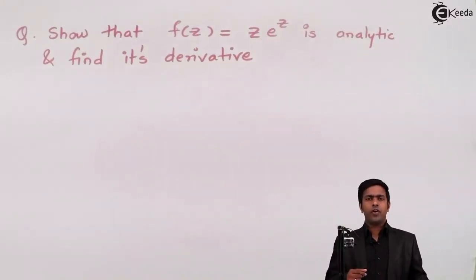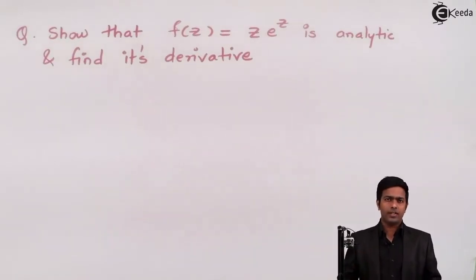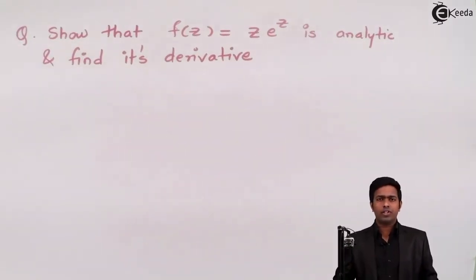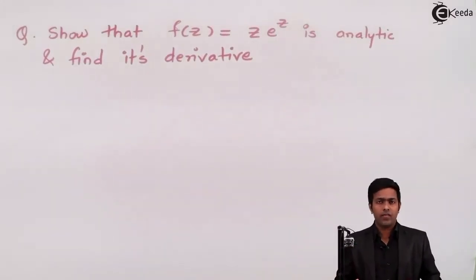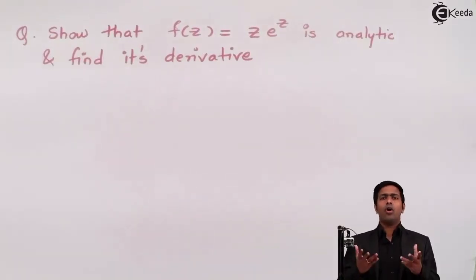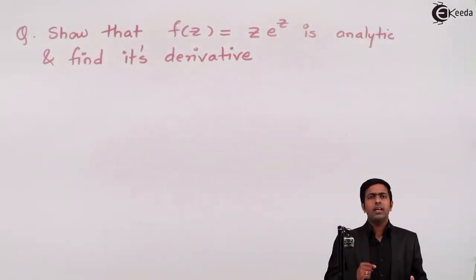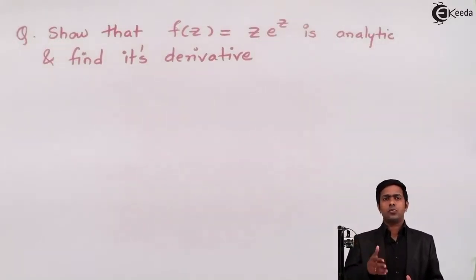Now here f of z is given in terms of z, where z is a complex number. So now we have a choice. We can represent this z as x plus iy, that is the Cartesian form of a complex number, or you may represent z as r e raised to i theta, that is the exponential form.